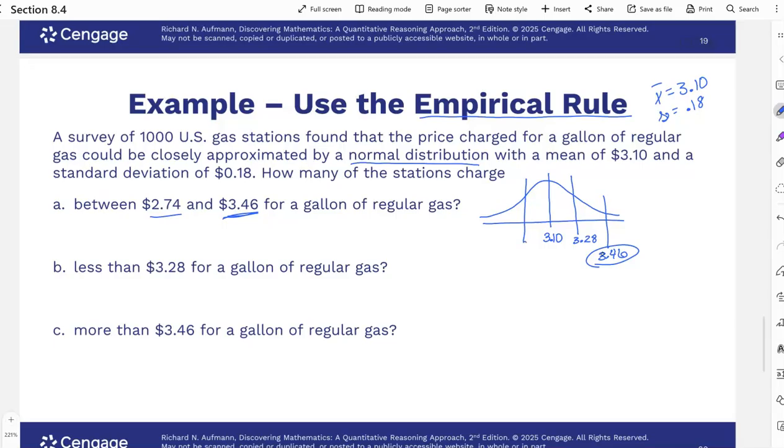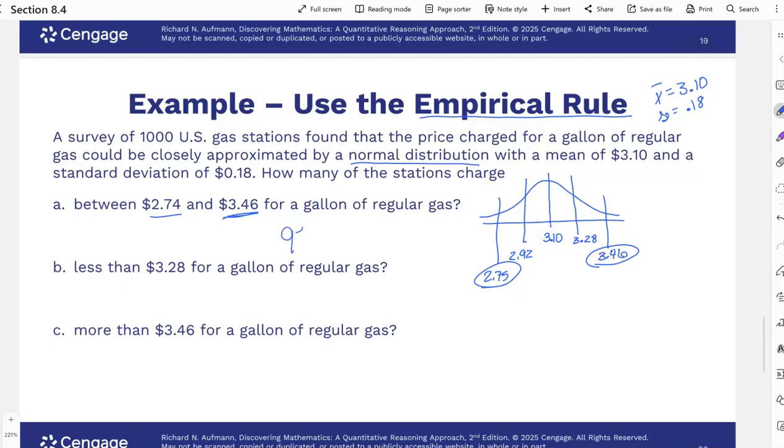We're going to take 3.10 and subtract a standard deviation, which is 18 cents. So we're going to get 2.92 there. Now I'm going to subtract another one, and then I'm going to get 2.74. So I went 2 standard deviations to the left and 2 standard deviations to the right, which means I am 2 standard deviations about the mean.